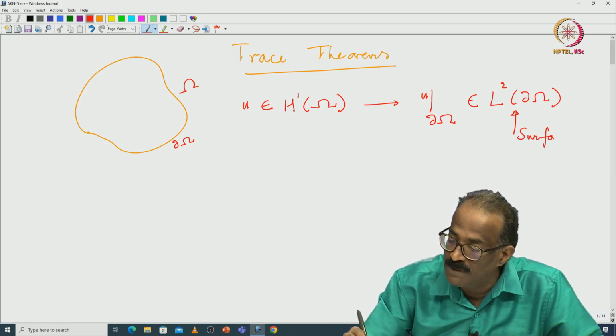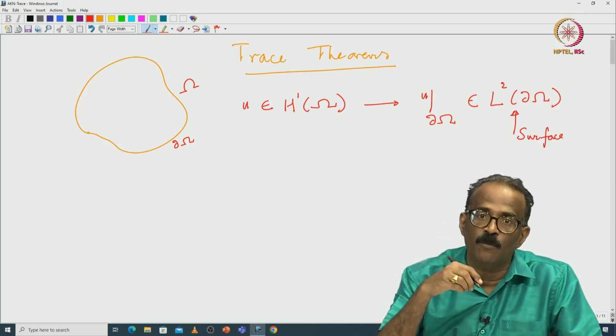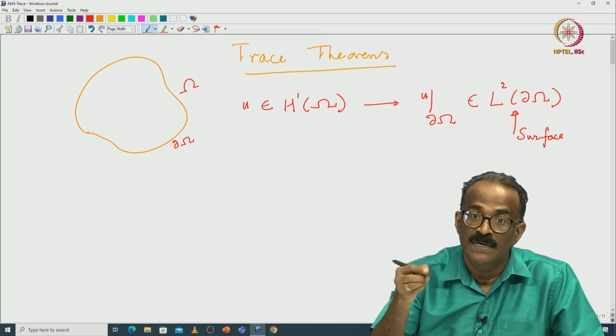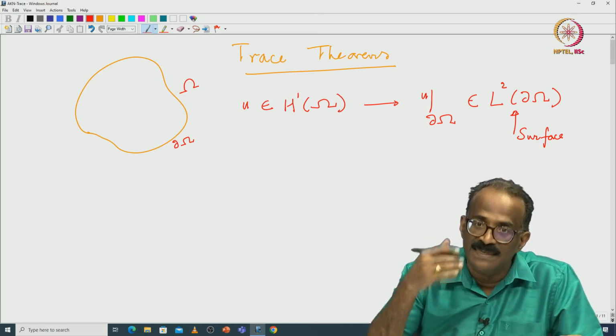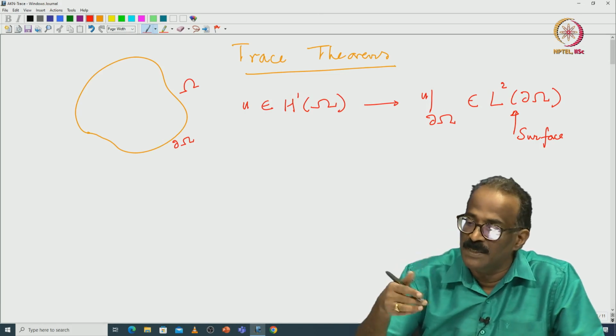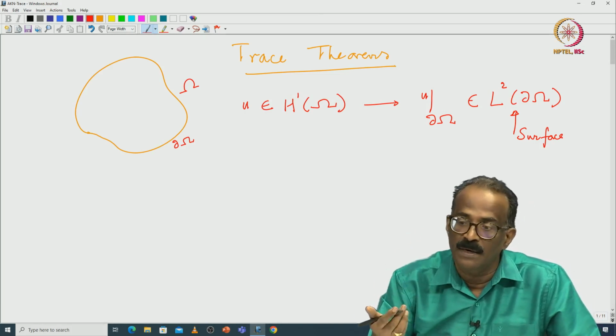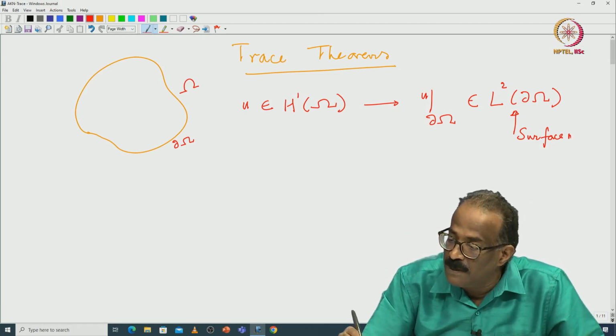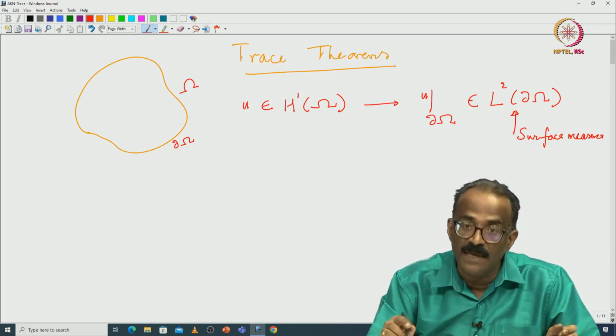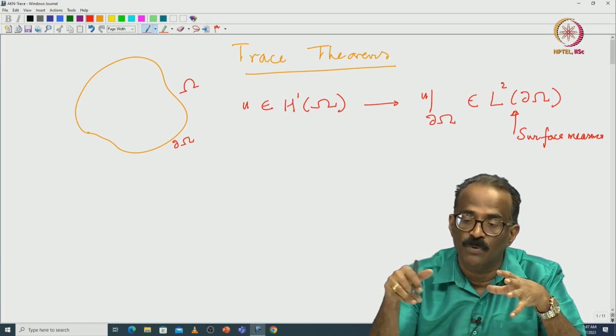Okay, so it is not that L2 of omega functions are restricted; rather, L2 of d omega is considered as an independent vector space with a surface measure defined on d omega, and then there is a way of defining u restricted to it.